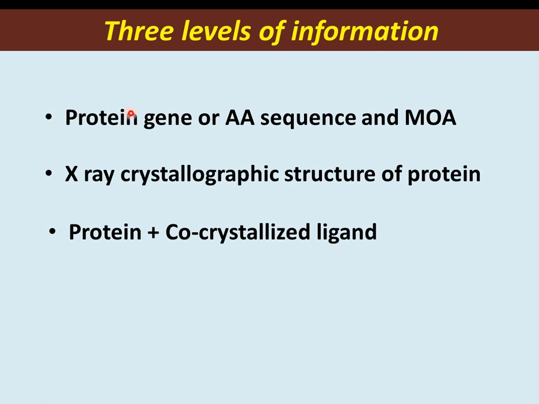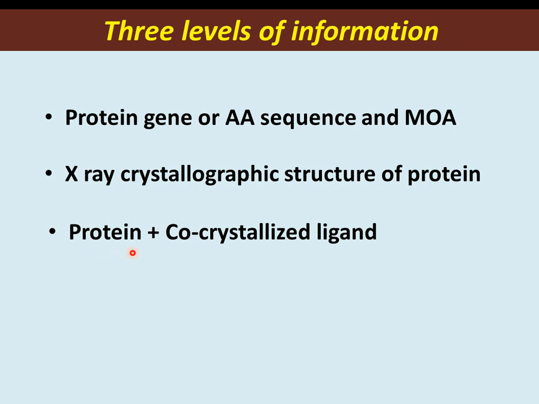What does it mean? If the protein, gene, or amino acid sequence is available, it means the receptor is identified, its amino acid sequence is obtained, and its mechanism of action is also known, without any other structural data. In the second case, X-ray crystallography data is available, but we have absolutely no idea about the active pocket or the bioactive conformation of the ligand.